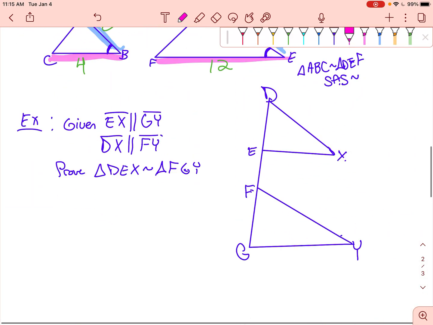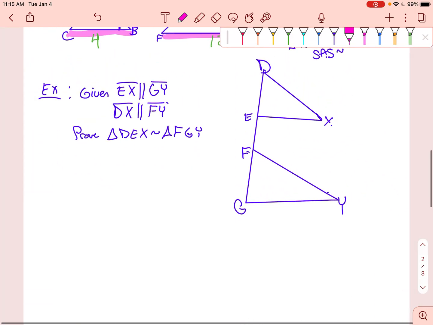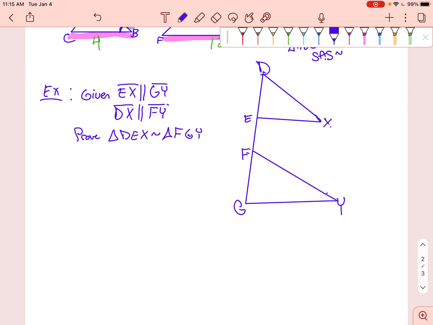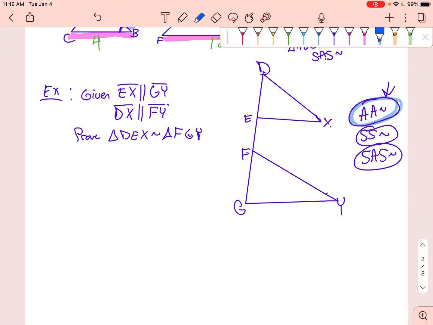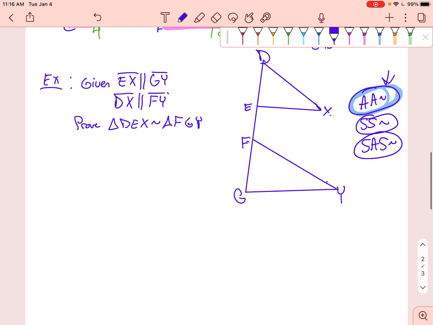And then I'm going to show you guys a proof here and what this is going to look like. The beautiful thing about proofs, guys, is you only need to find 2 angles that are congruent. Most of the time, I would say 99% of the time, you are going to be using angle, angle similarity, because the other ways are really challenging to do proof-wise.